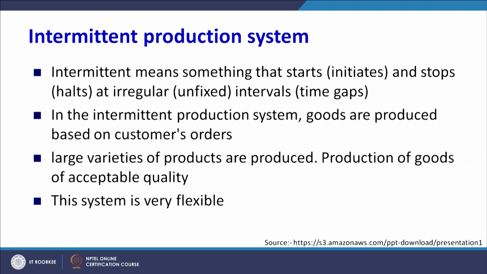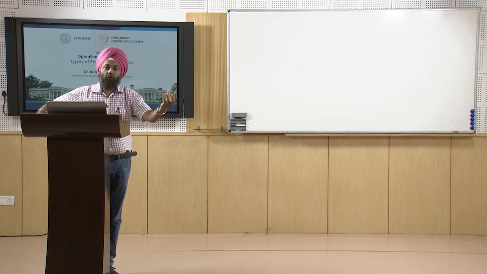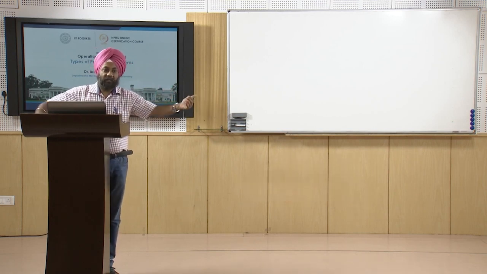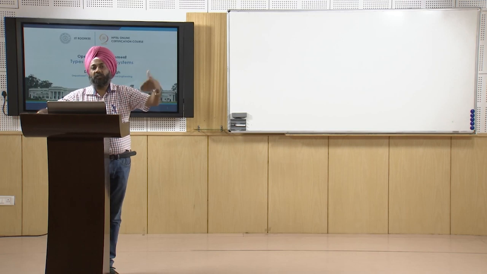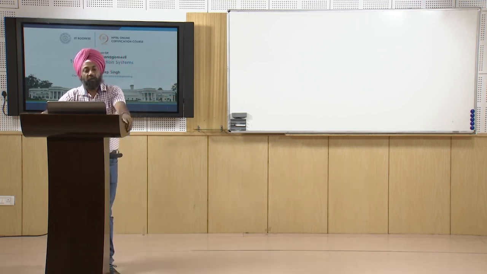In the intermittent production system, goods are produced based on customers' orders. As I have told you, go to a shop and maybe tell that I need this particular product, I need threading here, I need turning here. So a person who has a lathe machine will work on your specific order and try to satisfy your requirement. Large varieties of products are produced, production of goods of acceptable quality.